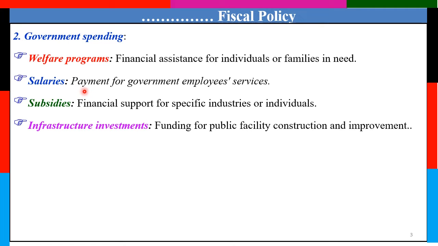Salary, payment of the government on employees, for the civil servants. Subsidies, financial support for specific industries or individuals. The government may make the subsidy in order to what? In order to maybe improve the welfare of the society.